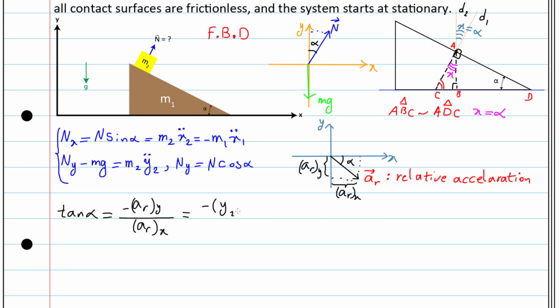Minus y double dot 2 minus y double dot 1 over x double dot 2 minus x double dot 1. Y double dot 1 equals A1y, which is 0 because the vertical displacement of m1 is 0.